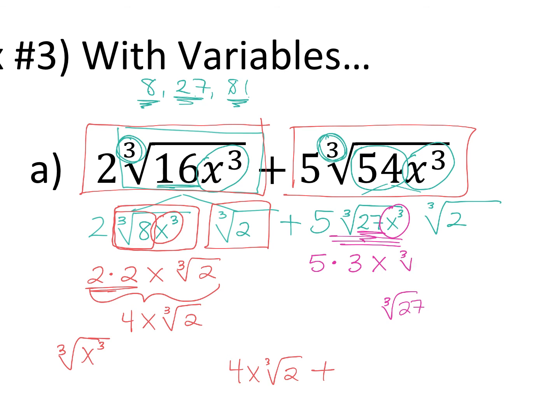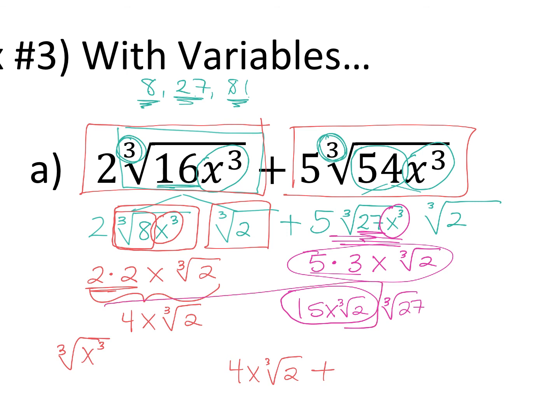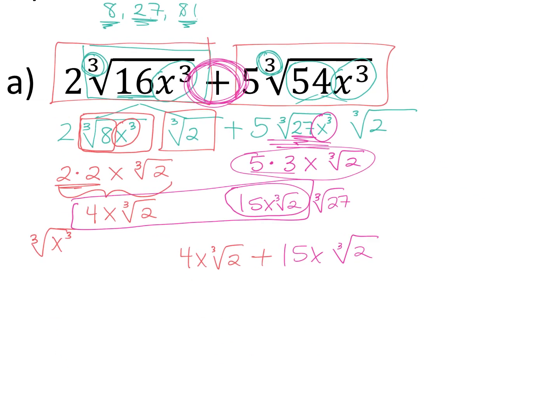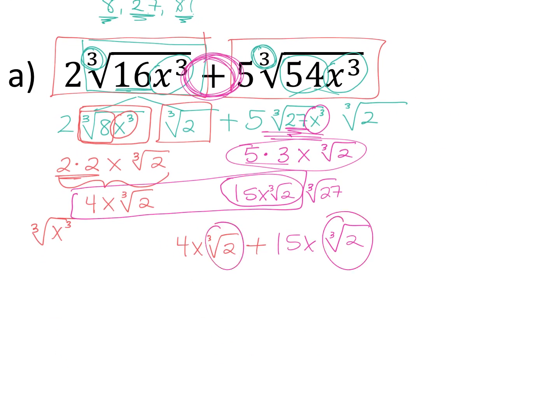And then you have your cube root of 2 from there. So simplify that. 5 times 3 is 15 times x times the cube root of 2. So this just became this. Okay? So now this is what we have, and we're adding it together. So it's going to be 4x cube root 2 plus 15x times the cube root of 2. And now you have the same radical. So now you can add the coefficients to that. So 4x plus 15x is 19x times the cube root of 2.